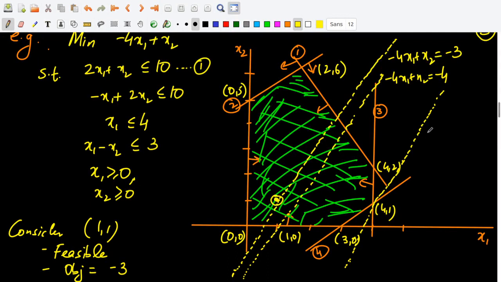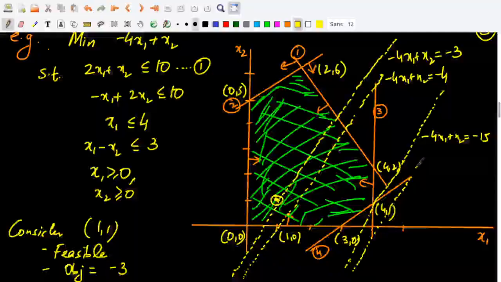So this point would be -4x1 plus x2 equal to -15, and geometrically, if I want to go to an even lower value, then the contour corresponding to even lower values will never hit the feasible region, and that means that really this (4, 1) is the optimal point.